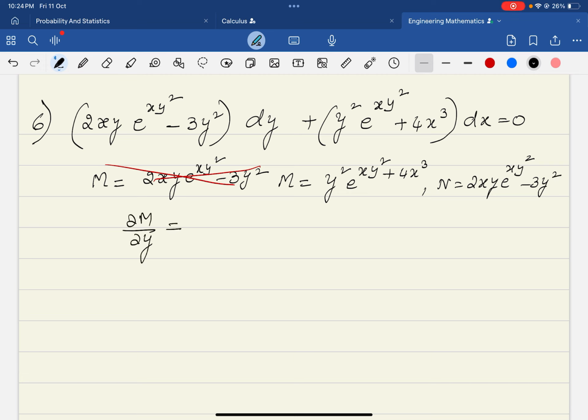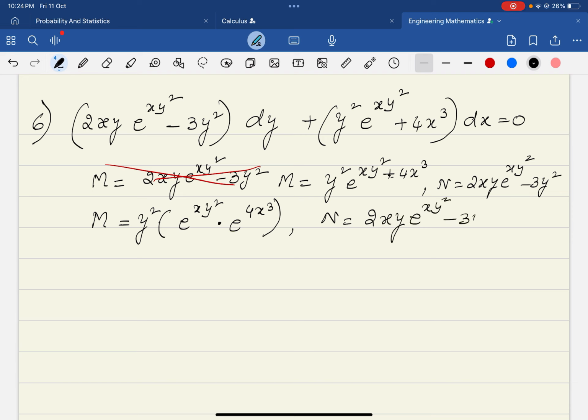Observe here, I will write the equation once again. m is y square into e raised to xy square multiplied by e raised to 4x cube. You can multiply because the powers are added. Similarly n is 2xy e raised to xy square minus 3y square, no change here.